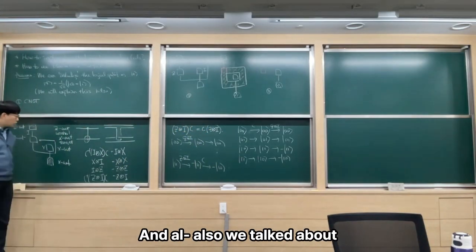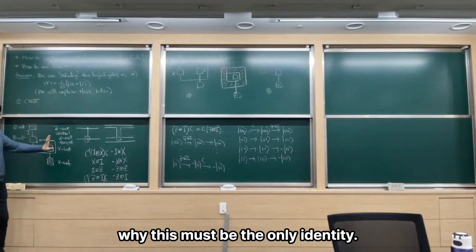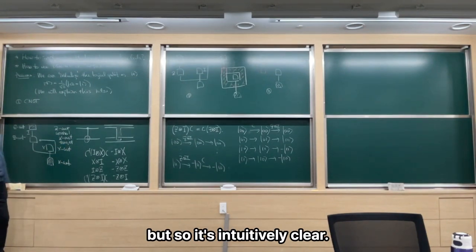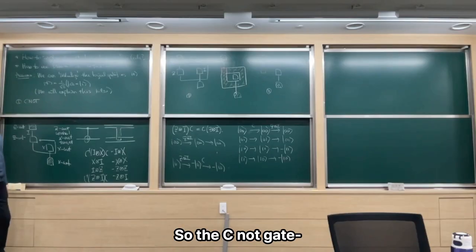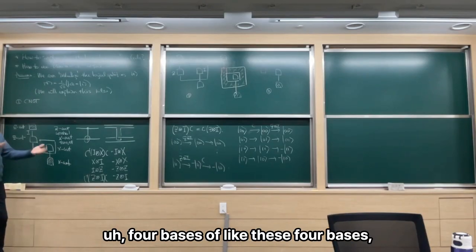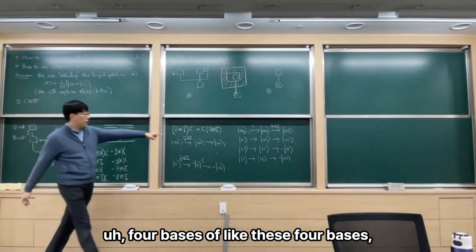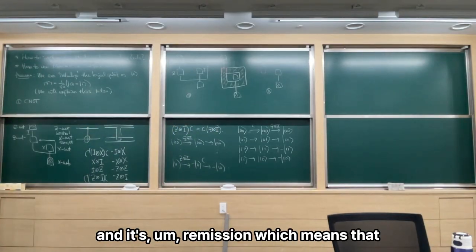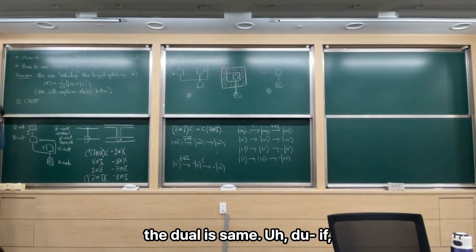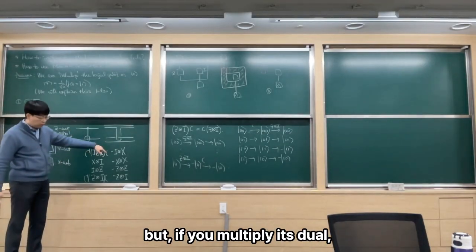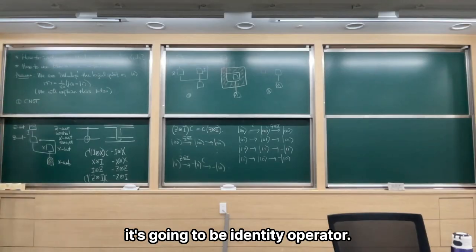And also we talked about why this must be the only identity. I didn't explain it, but it's intuitively clear. The C0 gate, if you write it out in base 4, is a 4 by 4 matrix, and it's Hermitian, which means that if you multiply it by its dual, you get the identity operator.